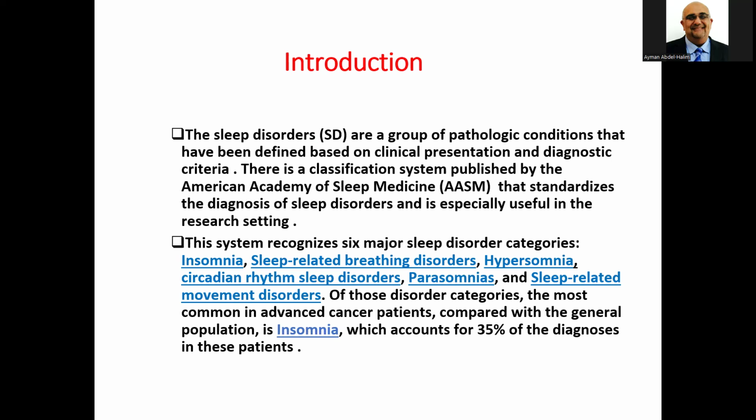The system recognizes six major sleep disorder categories: insomnia, sleep related breathing disorders, hypersomnia, circadian rhythm sleep disorders, parasomnias, and sleep related movement disorders. Of those disorder categories, the most common in advanced cancer patients compared with the general population is insomnia, which accounts for 35% of the diagnosis in these patients.